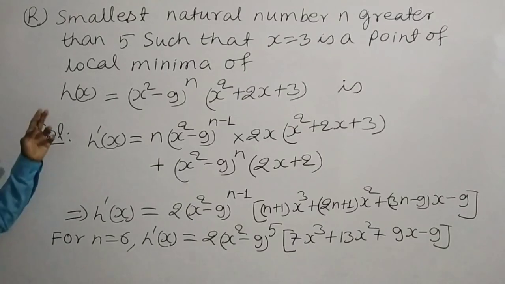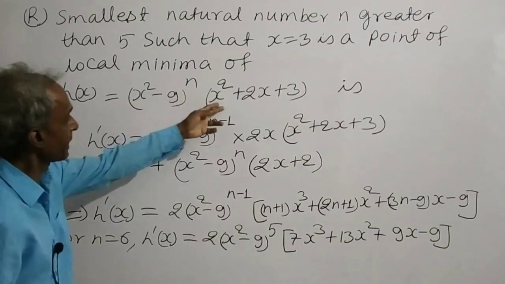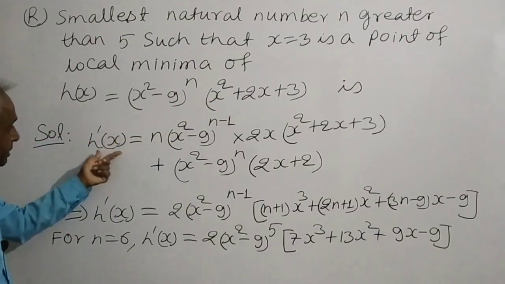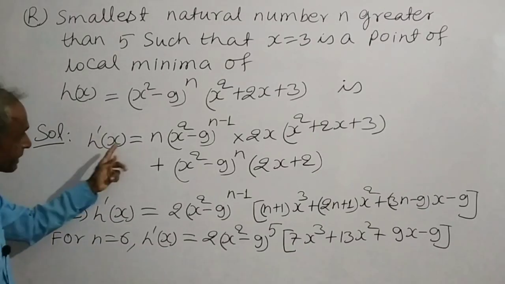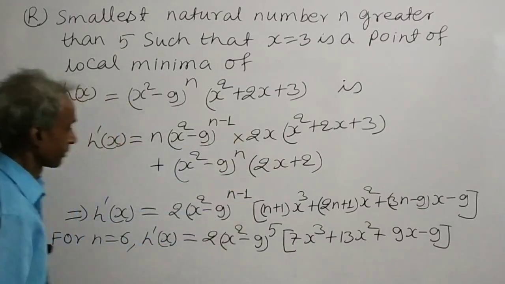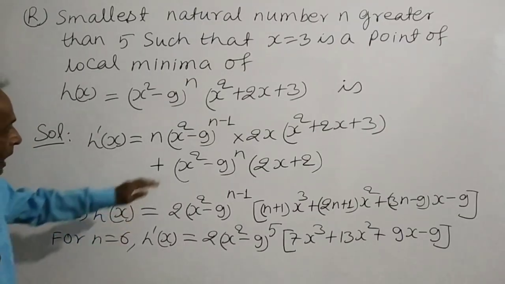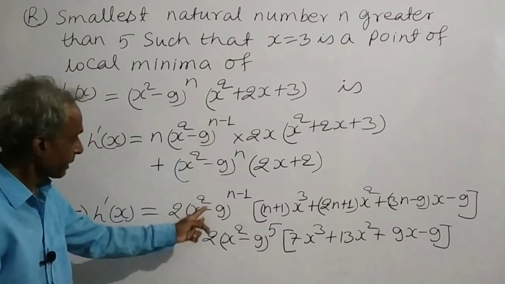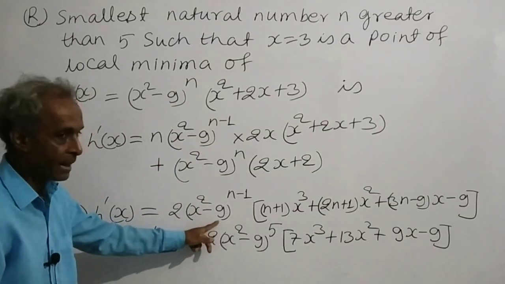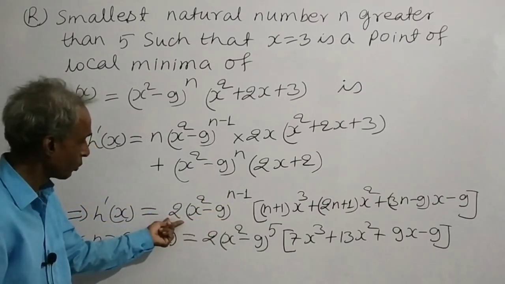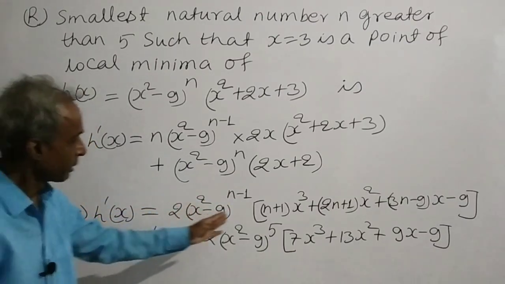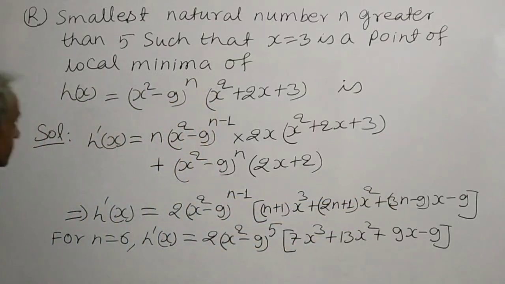Solution. We differentiate this h(x) and write h'(x) is equal to this. Taking (x² − 9)^(n−1) common and 2 also as common, we get this.